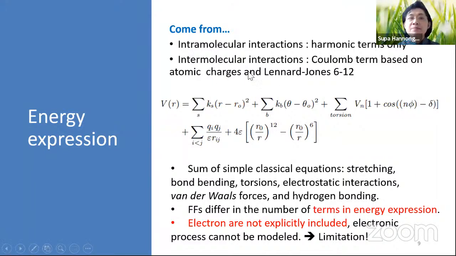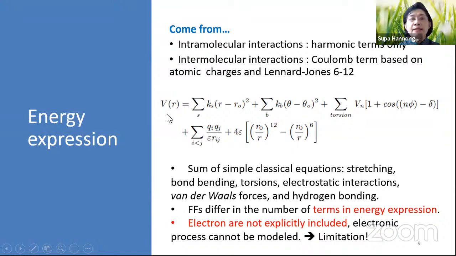But for the intermolecular interactions, the energy comes from the Coulomb term, which is based on atomic charges, and a very well known and famous equation, the Lennard-Jones 6-12 potential.